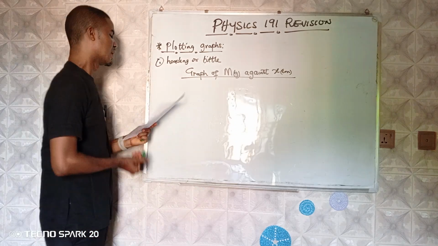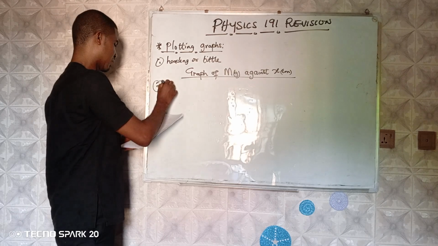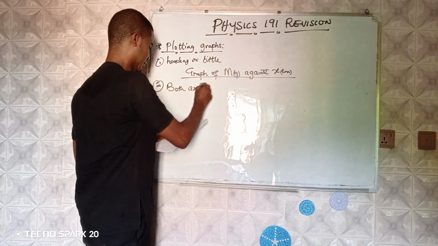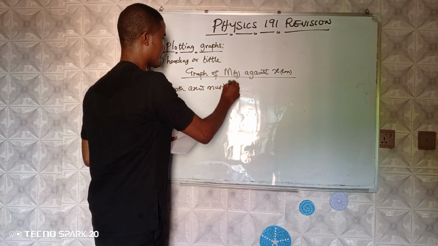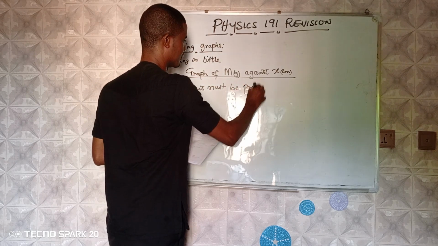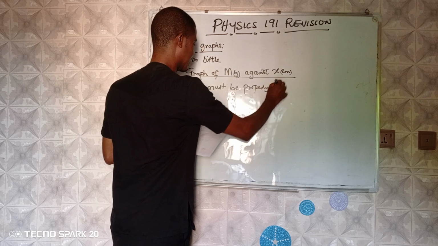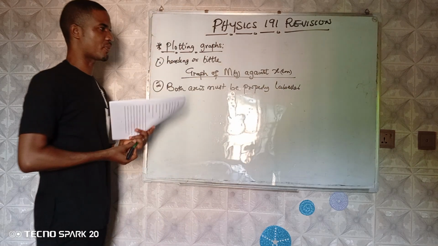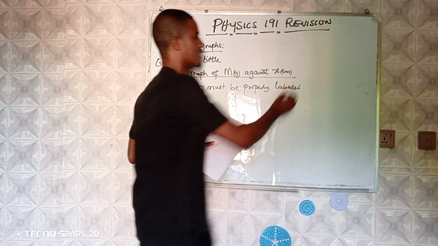That is one. Number two, both axes must be properly labeled. What do we mean by this?